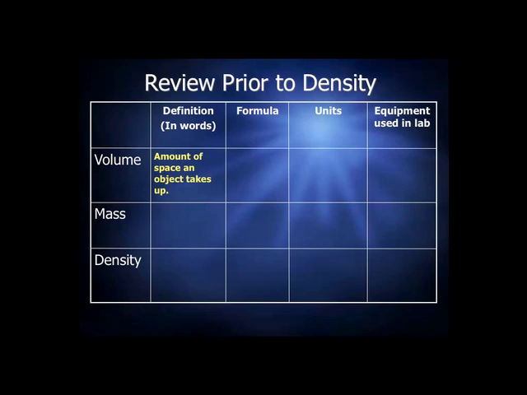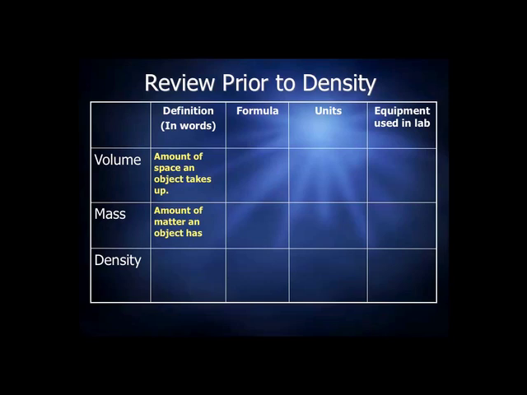And what is mass? Juliet? Yeah, the amount of matter in an object. What formulas do I use to calculate the volume for different shapes?